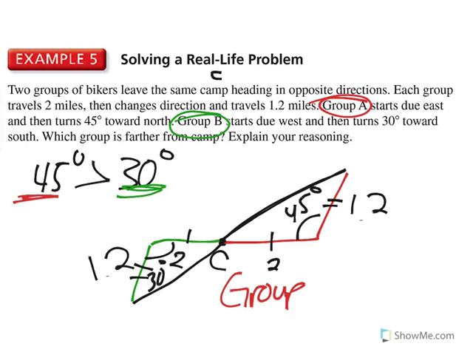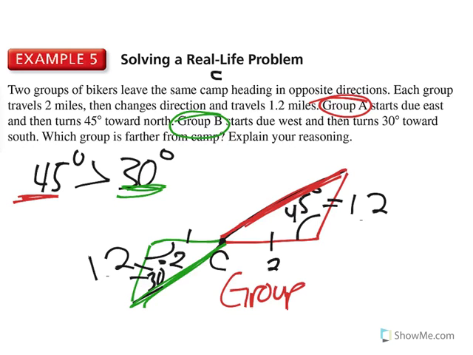and it's not necessarily the distance traveled, they both travel the same distance, but in order to get back to camp, if they were both to go straight there, if they had a straight route, right now group A is located further away from camp because it would be the straight distance that goes back on this line, and group B would go back on that distance.